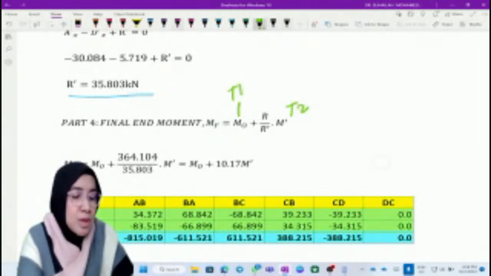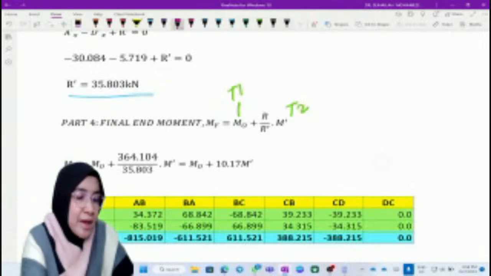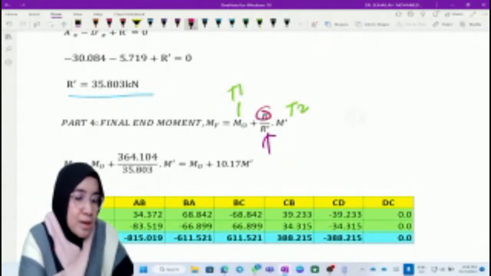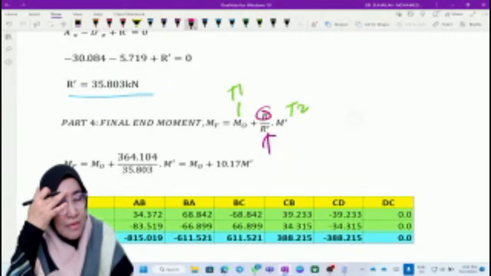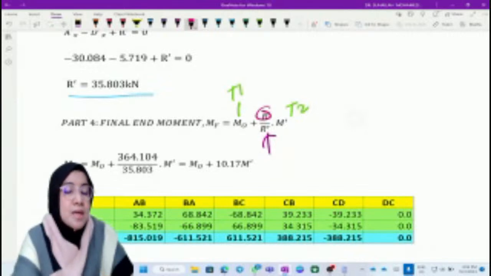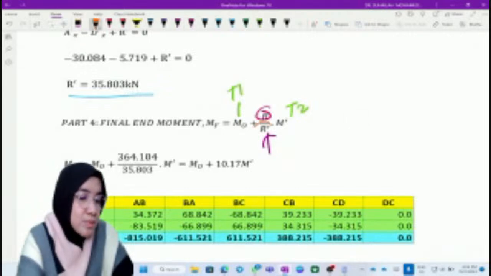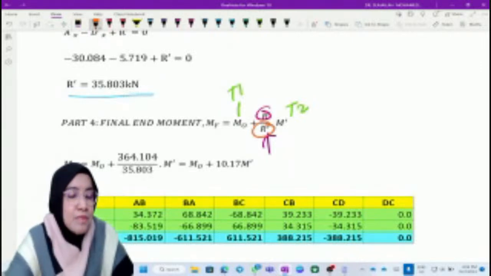We have the correction factor R divided by R prime. The upper one, R, we get from table number 1, the shear equation for table number 1, and the other one, R prime, we get from the shear equation of table number 2.